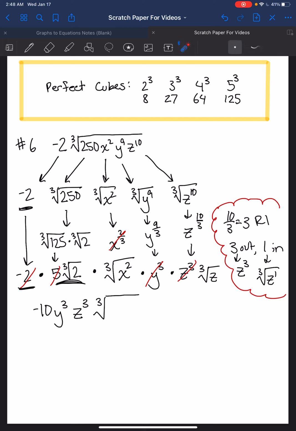Again, the order is numbers and then letters in alphabetical order. Our only number is 2. Letters, our first letter, alphabetical, is x squared. And then our last letter is just that z. All right, I've used everything, so this is my answer.